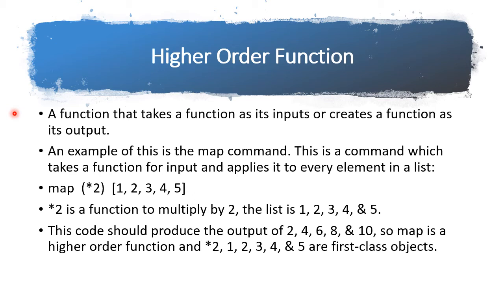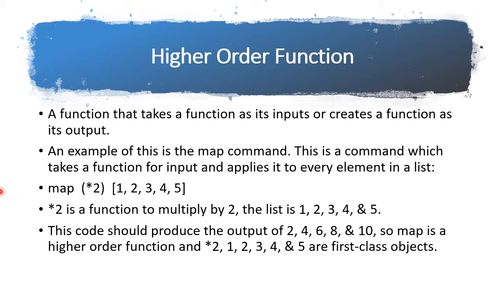An example of this is the map command. This is a command which takes a function as input and applies it to every element in the list. Here, our function is times 2, and we're going to apply it to our list of 1, 2, 3, 4, 5.